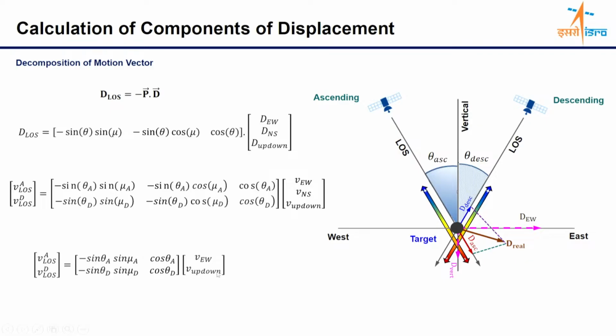So you can say we are able to calculate only a two-dimensional displacement vector of the deformation, not the three-dimensional deformation. Here east-west is the x component, up and down is the z component.